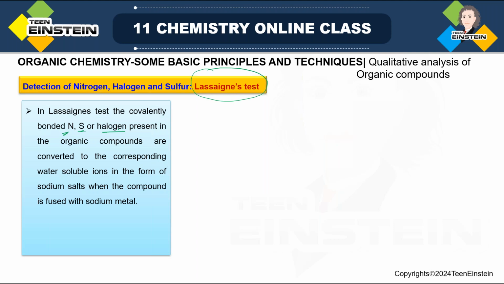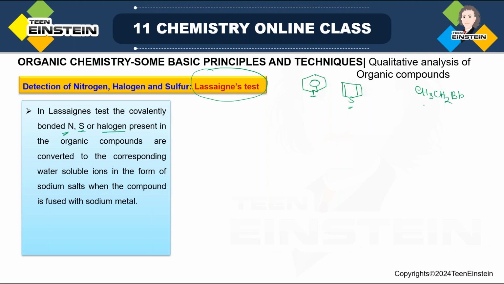So one example I can give you. So nitrogen. Suppose you have taken pyridine. So here we have this organic compound. So nitrogen is present. Then if we have thiophene, this is called thiophene. So in this case also sulfur is present. Then halogen. Suppose we have CH3CH2Br.